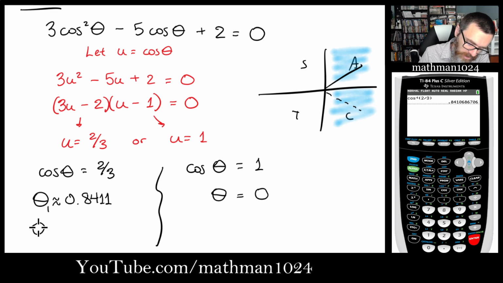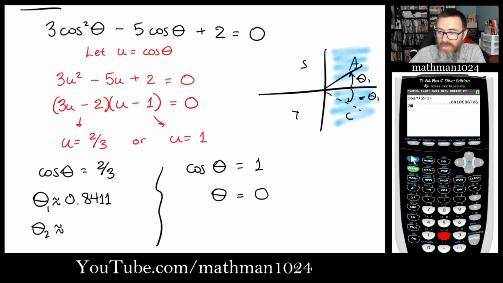So that's one solution, and my other solution is going to be this guy that's down here in quadrant 4. Now, keep in mind that this is that first value, the 0.8411. This guy down here would be negative that. So what I can do is I can do 2 pi minus that answer, and that's going to give me the other solution.